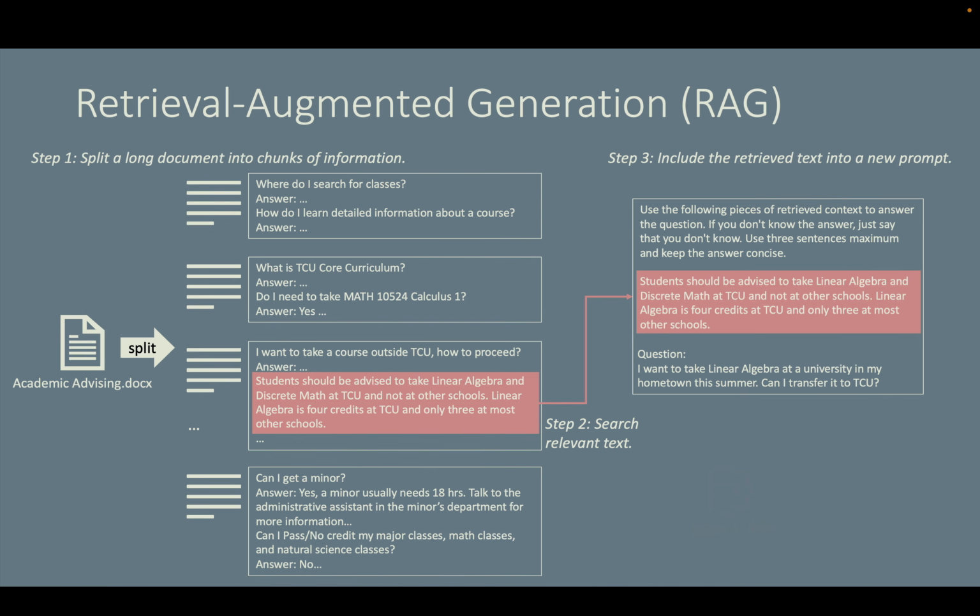Once this prompt is constructed, the final step is to feed it to the model, enabling the model to generate a clear, relevant answer regarding the transfer of linear algebra credits. In summary, RAG is a technique for enhancing a model's knowledge with specific additional data.